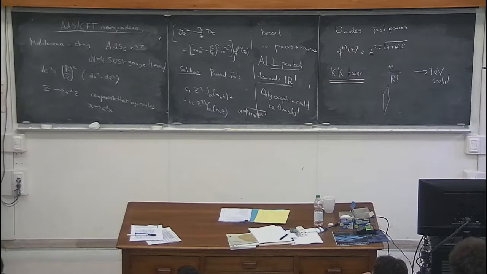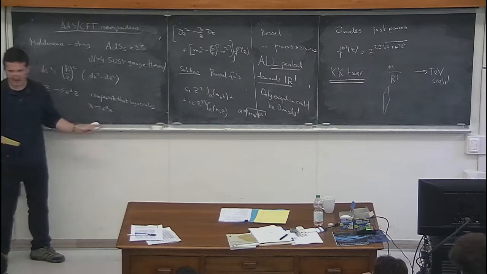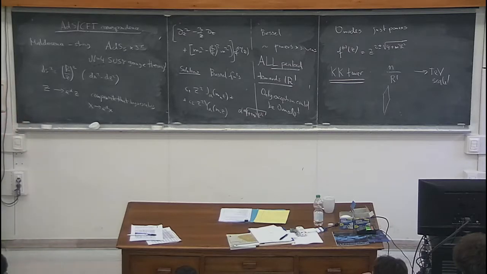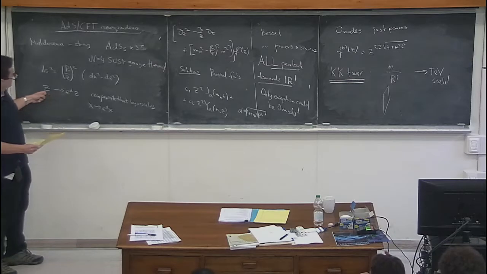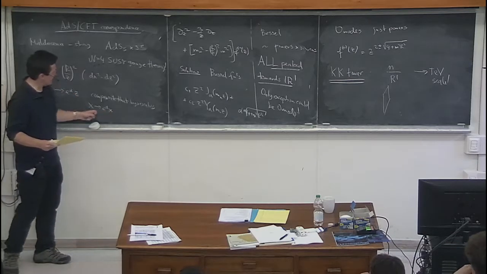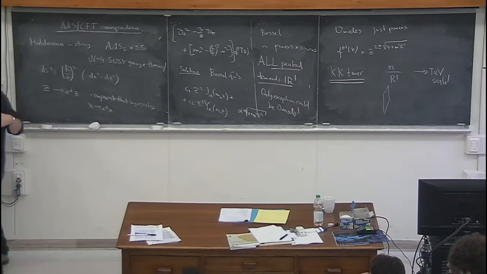The further I go into the bulk, the more I increase the length scale of my 4-dimensional theory. That explains the story I was telling you, that the characteristic mass scales are changing along the extra dimension, because as I go into the extra dimension, I'm probing a different length scale in the 4-dimensional theory.